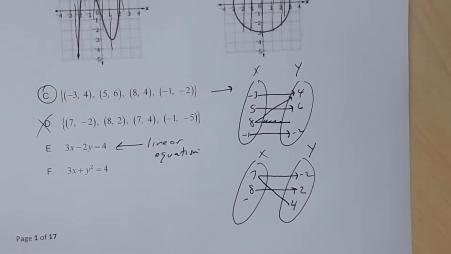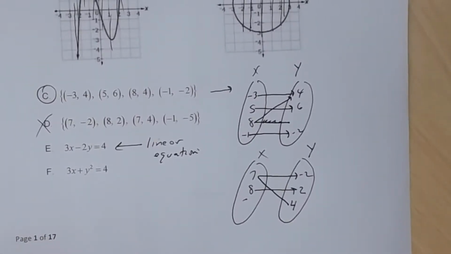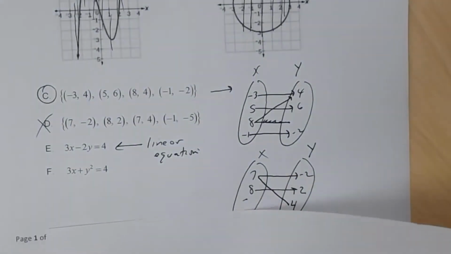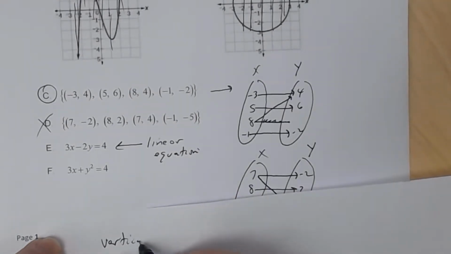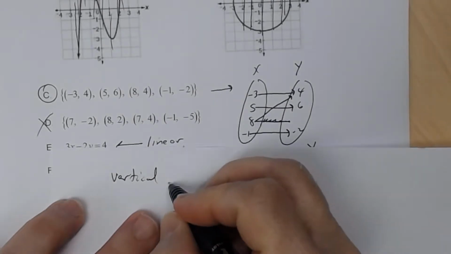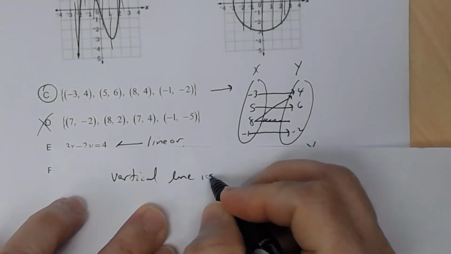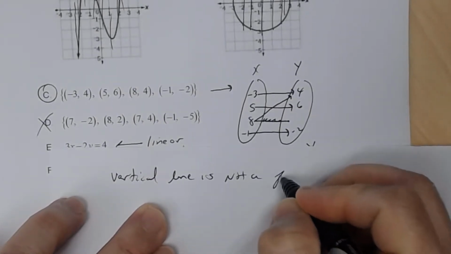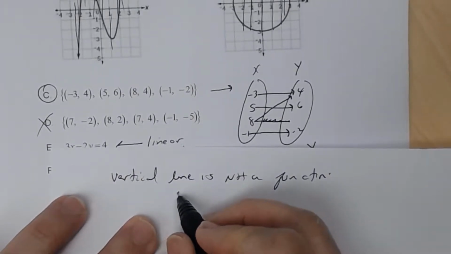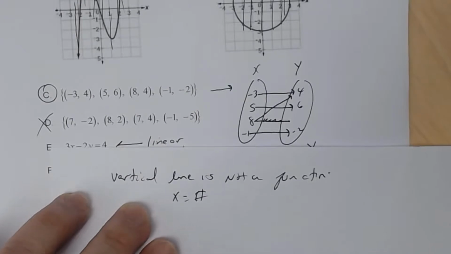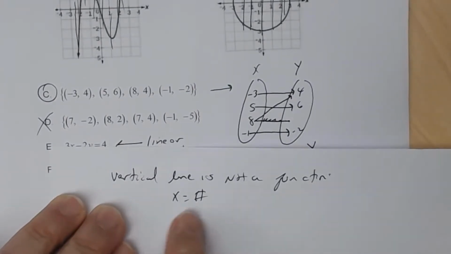The only linear equation that is not a function is a vertical line. And remember, the equation of a vertical line is always x equals some number. So the y value is not there. That means that x is always going to equal that number.